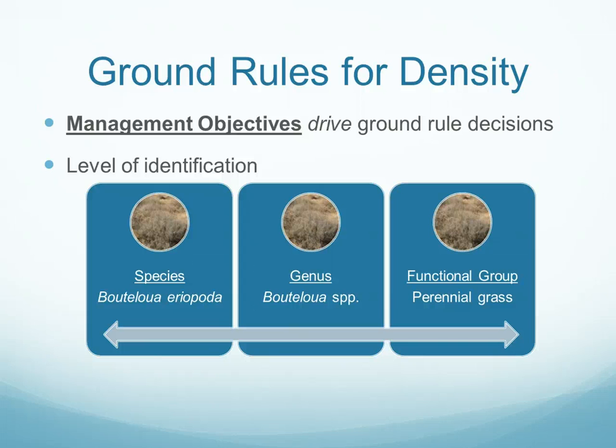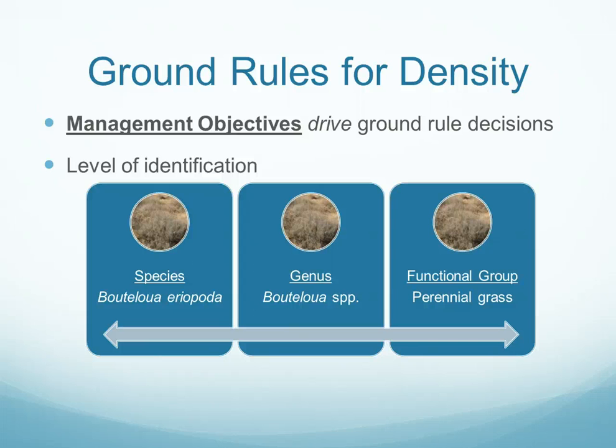And so depending on what your management objectives are, it may not be necessary to identify a plant to the nearest species, but only to the nearest genus. So in this case, instead of identifying the plant as Bouteloua eriopoda or black grama, it may only be necessary to identify that it is a grama grass.